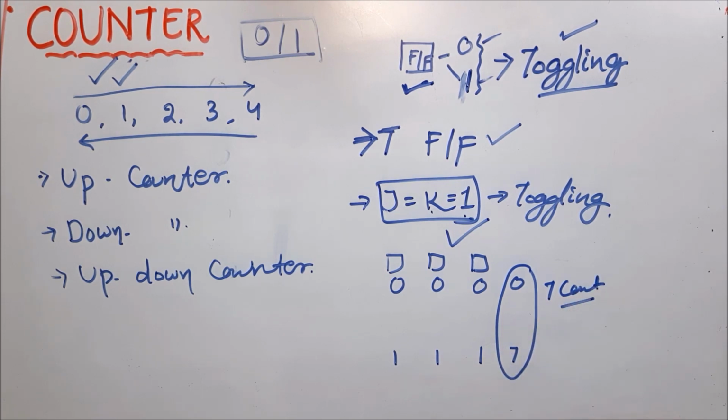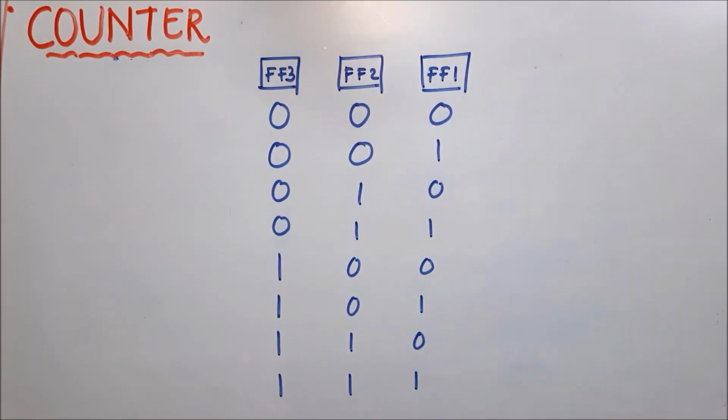But by using 3 flip-flops, if I want to count from 0 to 5, that means from 0, 0, 0 to 1, 0, 1, then again come back to 0, 0, 0 and again count till 1, 0, 1.